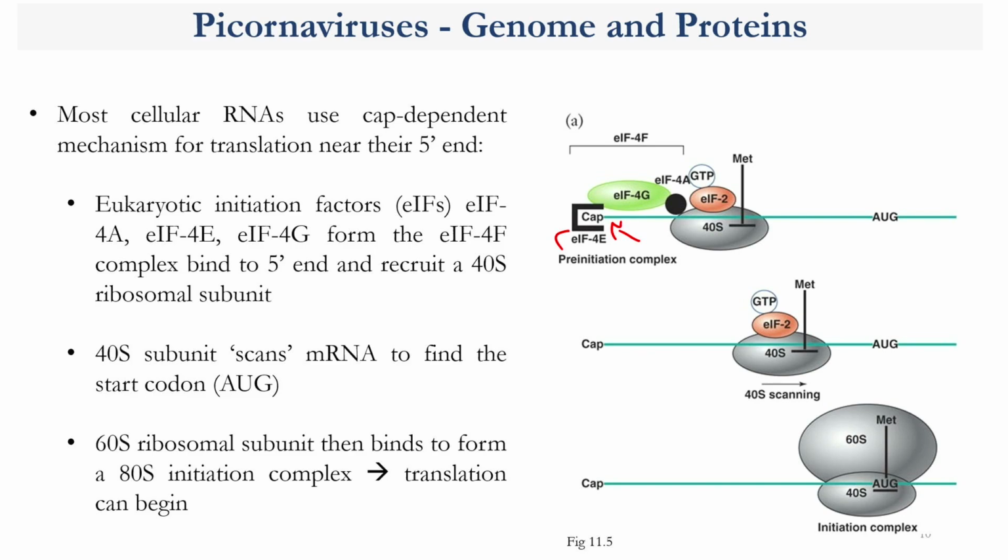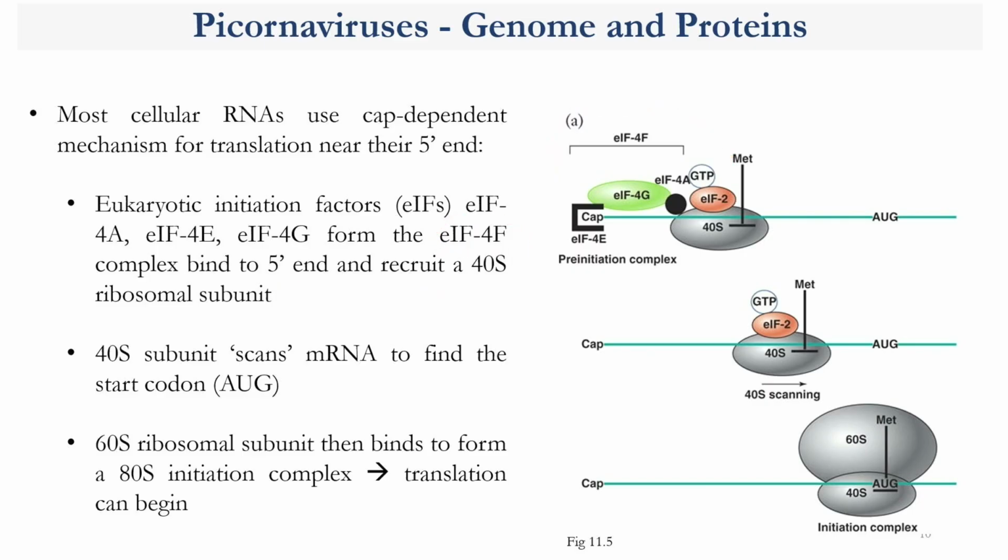So in this case, you have your eIF4A, 4E, 4G, okay? eIF basically means eukaryotic initiation factor, okay? Now, they form this complex called the 4F, and it binds to the 5' end, and then it recruits the ribosome, the small subunit of the ribosome. So you have all this complex bound to the 5' end of the RNA, and this is called the pre-initiation complex, okay?